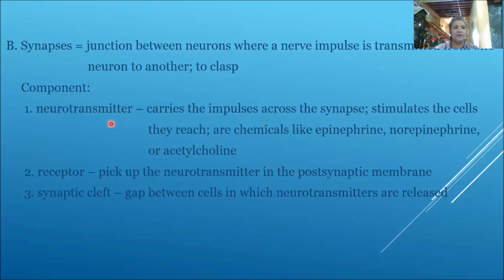Another component of a synapse is a receptor. This receptor will pick up the neurotransmitter in the postsynaptic membrane. In between the postsynaptic and presynaptic membrane, you have the synaptic cleft, the gap where the neurotransmitters are released.